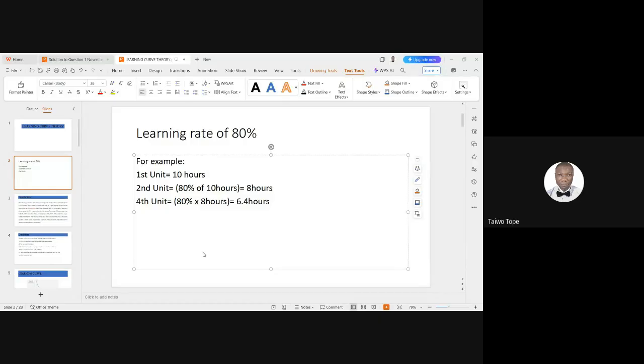And it also helps organizations to determine if their workers require training when they are performing below expectation, and to know if there is need to train their staff to operate in accordance with the required standard. So that is why the learning curve is coming in.